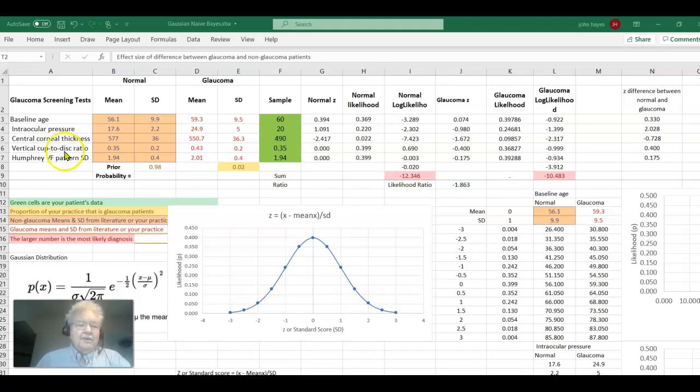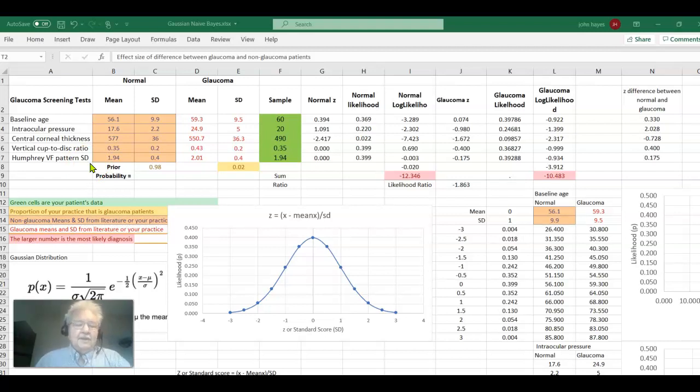So the thicker your cornea, the less likely you are to have glaucoma. The vertical cup to disc ratio is a measure that you will actually be doing, and it's when you either take a picture of the optic disc or you directly measure it through BIO. The Humphrey Visual Fields Pattern Standard Deviation.